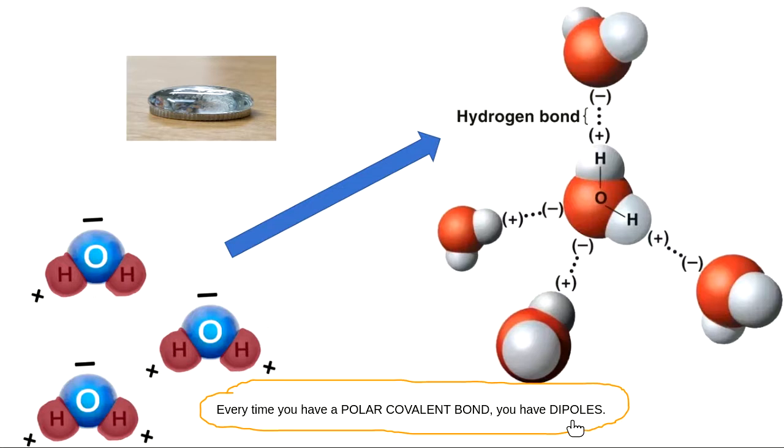Because I told you that there are dipoles in this compound, you would be able to tell me that they have polar covalent bonds. And the opposite would be true too. If I tell you something has a polar covalent bond, you should be able to tell me right away that we have dipoles. So this is an underline, highlight, star statement right here.